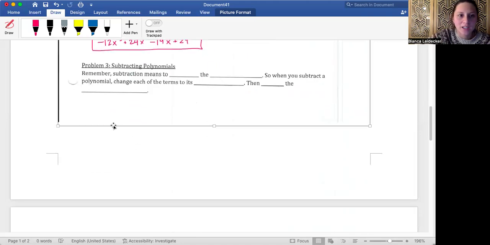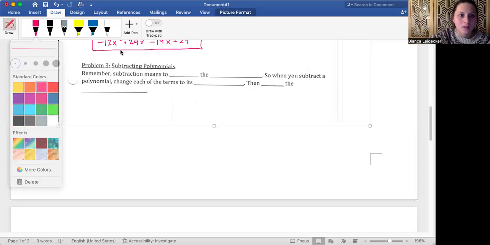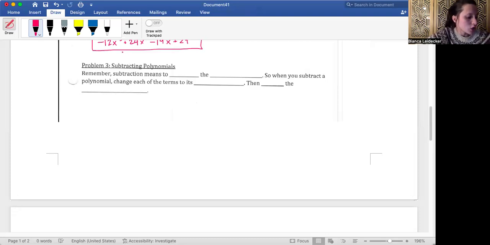Okay, subtracting polynomials. So be careful here when we're subtracting things. Remember, subtraction means to add the opposite. So let's break it down into simple terms. Like if I have 2 minus negative 3, remember we've learned that you're adding the opposite.